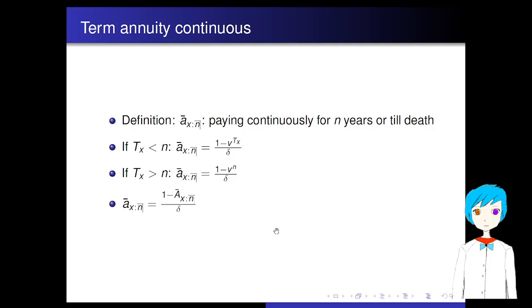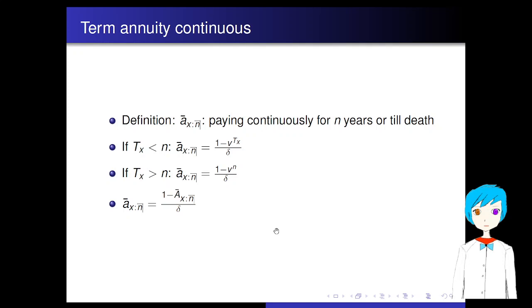Delta is the continuous compounding interest rate. So if T_x is larger than or equal to n, then because the payment will stop after n years, the present value will be 1 minus v to the power n over delta.